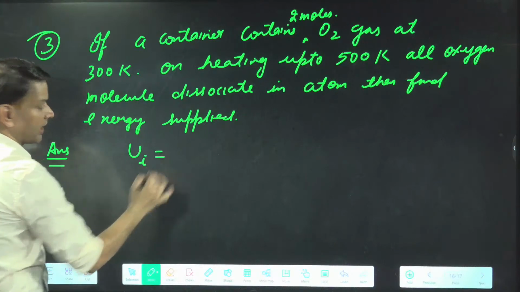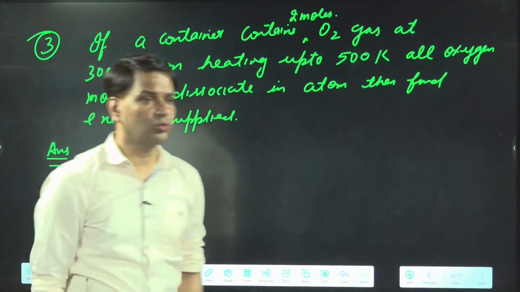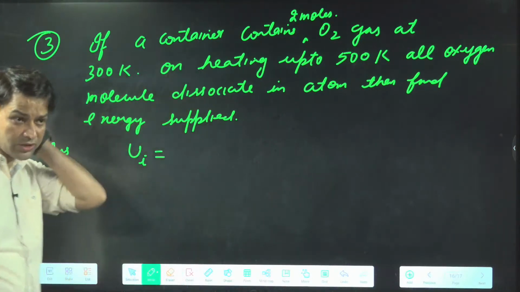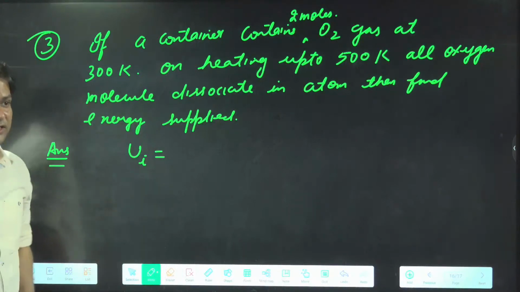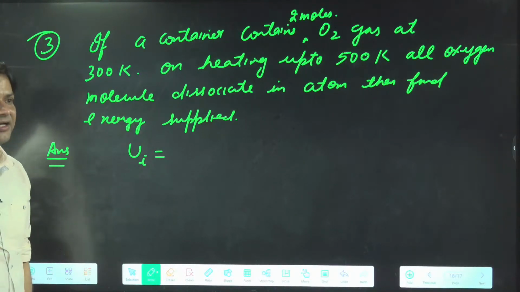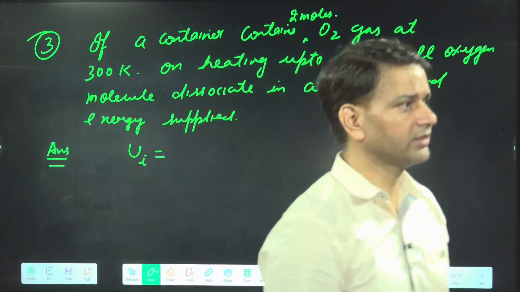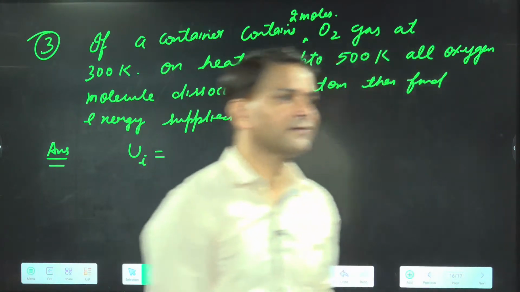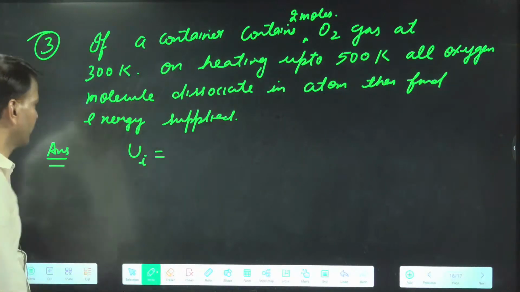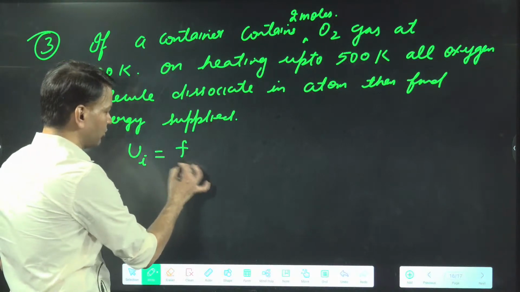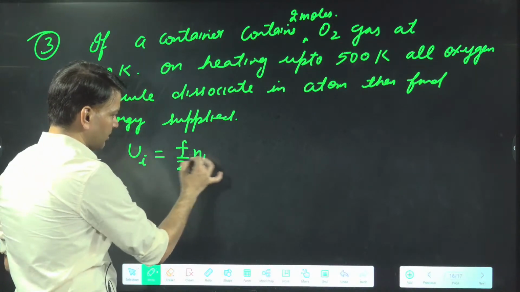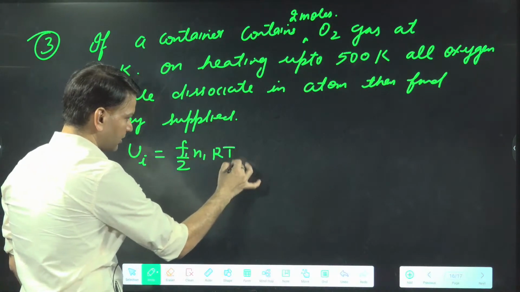U initial we can say is, 1500 joule, 1000 joule, 600 joule, 600 joule, 0. Initial internal energy, Jyoti, is 0? Why 0? It is at 300 Kelvin. So you will say initially F by 2 N1 R T1.